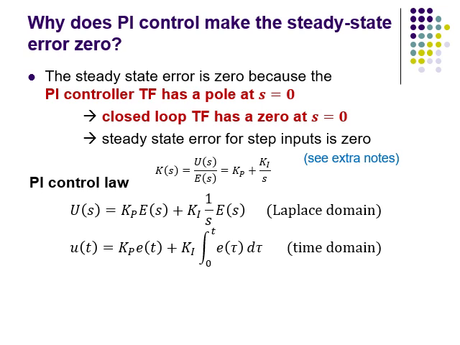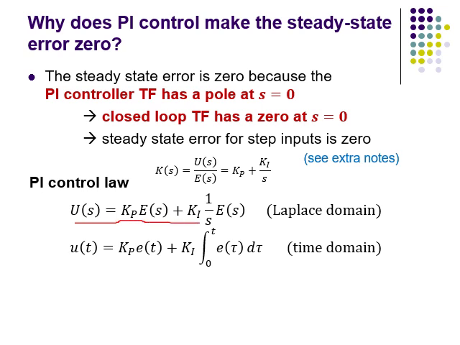For the controller, the output is U and the input is E. And so U divided by E in the Laplace domain is equal to Kp plus Ki over S. So we can write the control law, meaning that we can write U as a function of E. Okay, so the control input can be written as a function of the error. If we write the control law in the Laplace domain, we get this equation here.